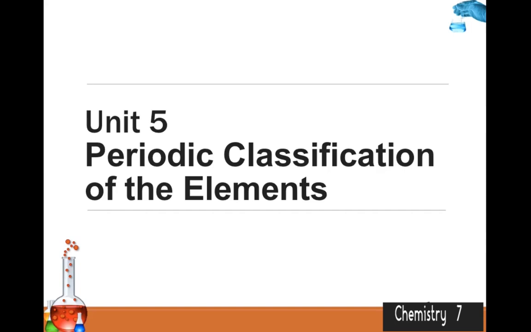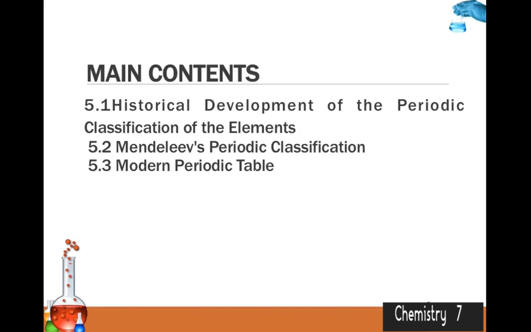Today we will learn about Unit 5, Periodic Classification of the Elements. The main contents of Unit 5 are historical development of the periodic classification of the elements, Mendeleev's periodic classification, and the modern periodic table.